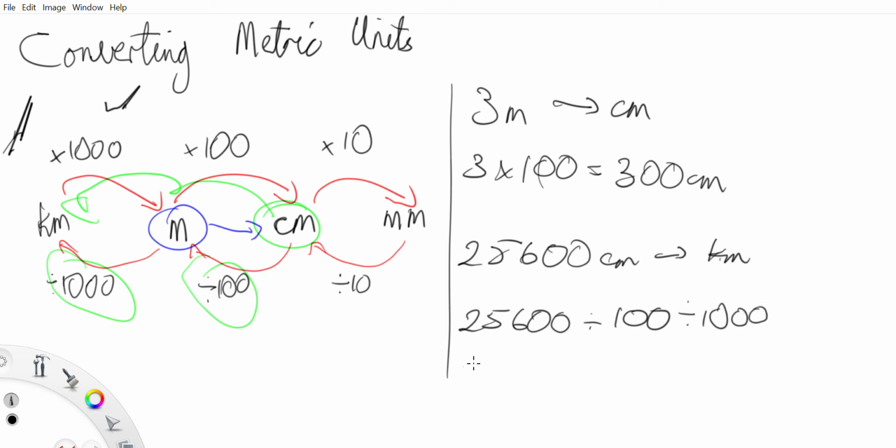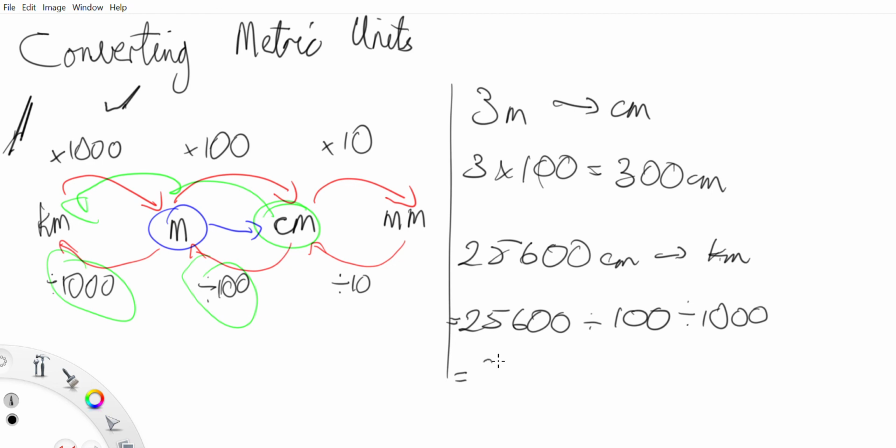And we can put this into our calculator. 25,600 divided by 100 divided by 1,000 equals 0.256 kilometers.